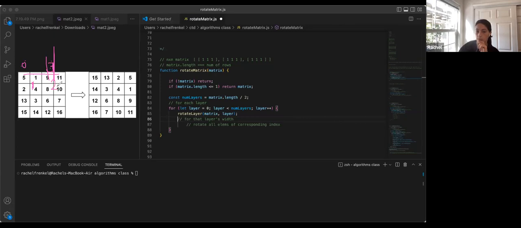And the reason why is because it's matrix length minus 1, but minus the layer number that we're in. So minus another 1, because now we're in 1 more. If there was something else in here, it would be matrix length minus 1 minus 2 layers. So we're just subtracting the number of layers to get to where our ending point is.